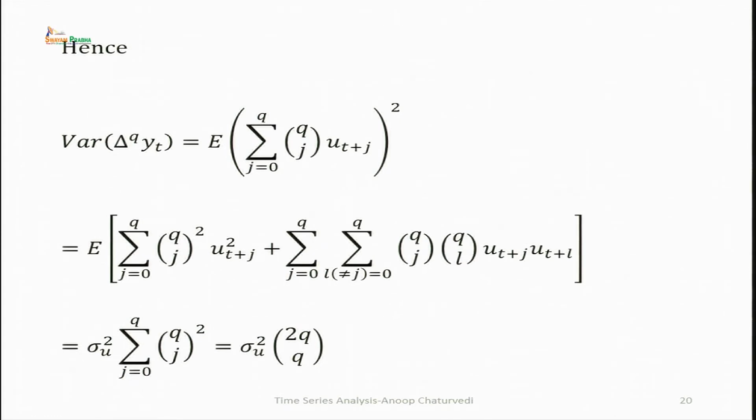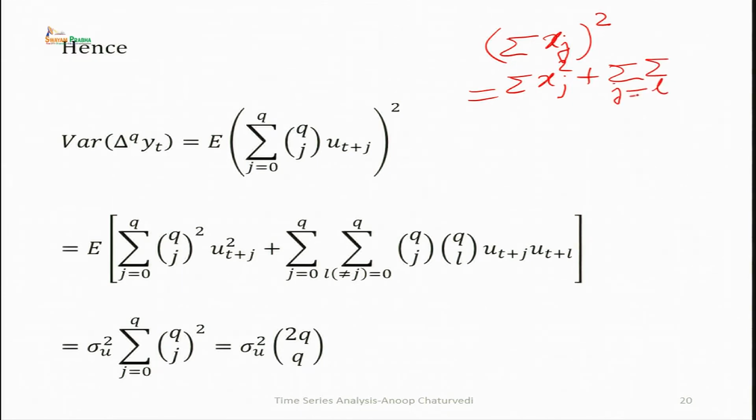Then suppose you have any sequence summation x j. Then the square of this can be written as summation x j square. Then you have cross product terms, summation over j, summation over L, j is not equal to L, x j x L. So, we use the same formula here.